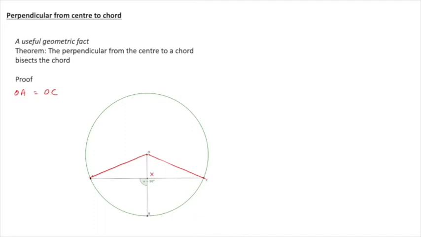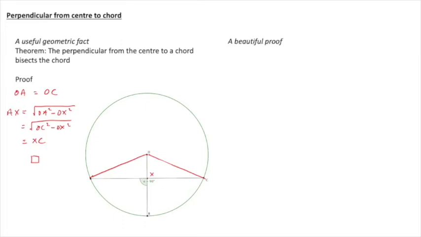If we mark that point there, the point of intersection between our original lines as X, then we know that AX is the square root of OA squared minus OX squared, and it's also equal to OC squared minus OX squared. So that means A to X is equal to X to C. And that means we've finished, because with AX being equal to XC, that means the line bisects AC.